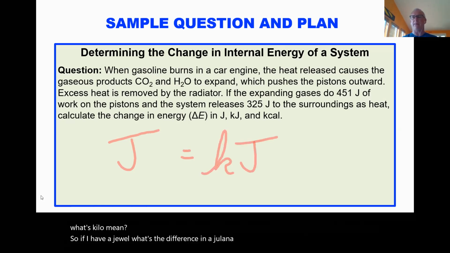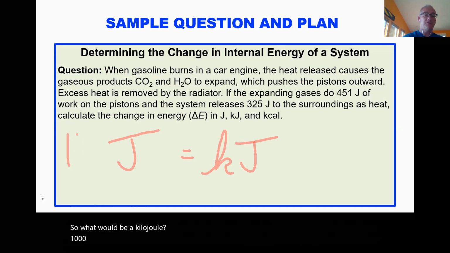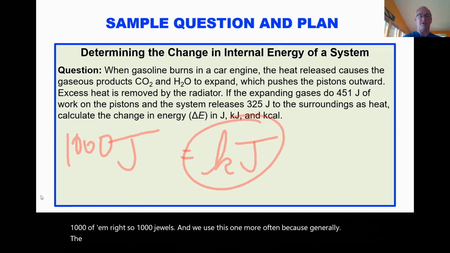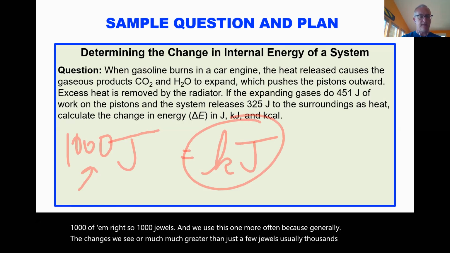We use kilojoules a lot because a joule is very, very small. What would a kilojoule be? 1,000 of them, right. So 1,000 joules. We use this one more often because generally the changes we see are much greater than just a few joules, usually thousands and thousands of them.